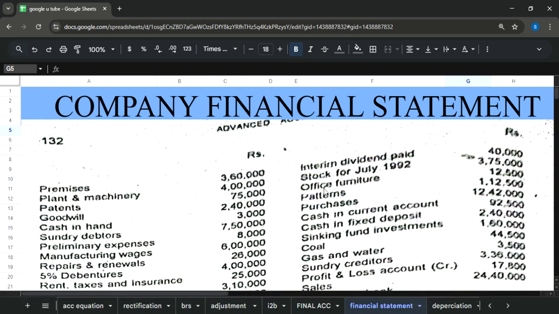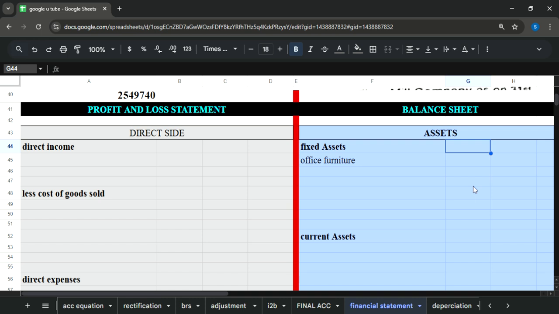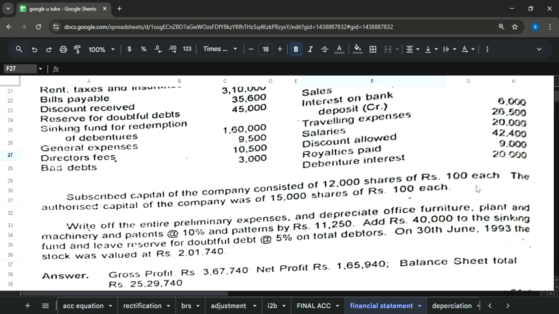Yes, office furniture we have got, that is 12,500. You will write the amount over here. Now we will calculate its depreciation. Let's see how much the depreciation amount is.